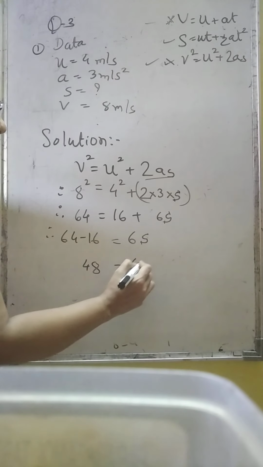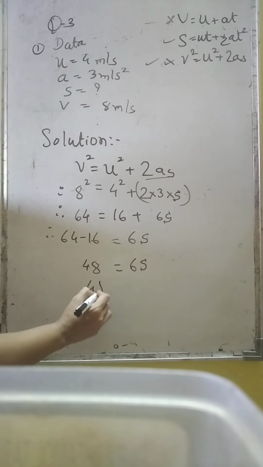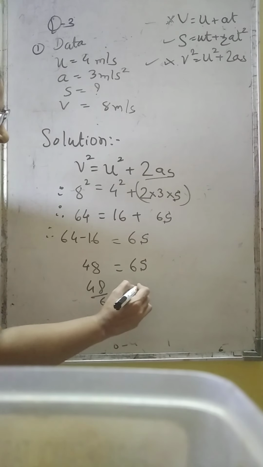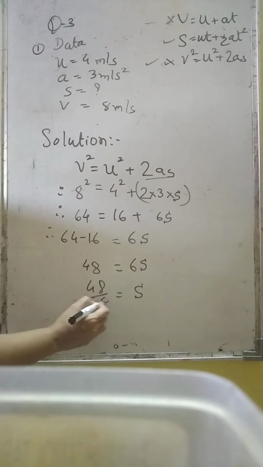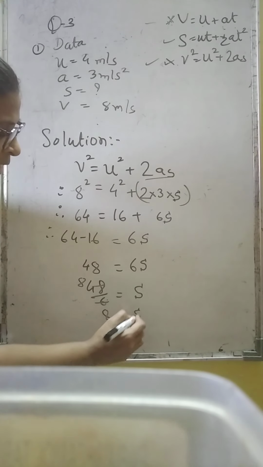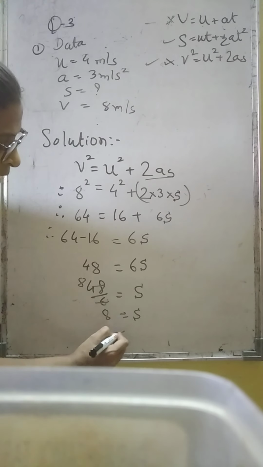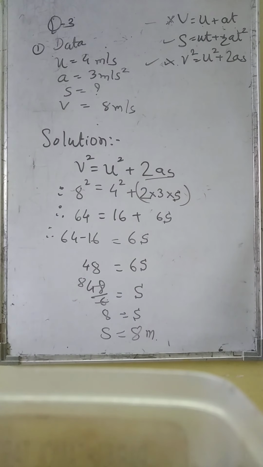So 48 is equal to 6s. So 48 upon 6 is equal to s. 8 is equal to s. So what is the answer? s is equal to 8 meters. This is the displacement.